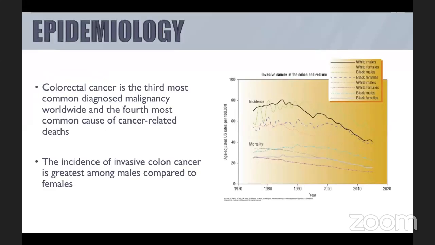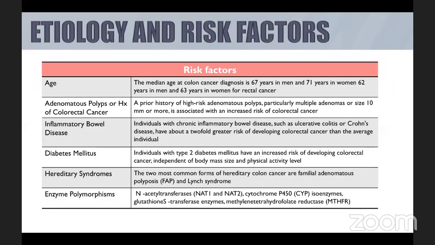Colorectal cancer is the third most commonly diagnosed malignancy worldwide, and the fourth most common cause of cancer death. It usually affects males more than females worldwide. There are several risk factors, including age, with a median age for males around 67 years and for women around 62 years.